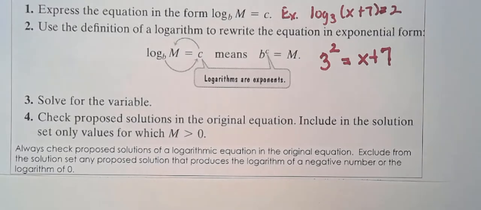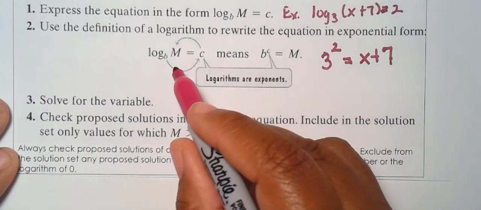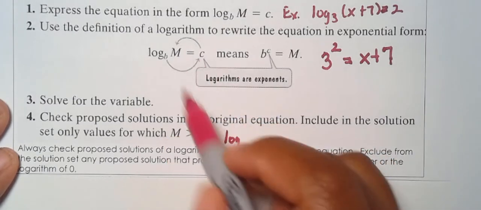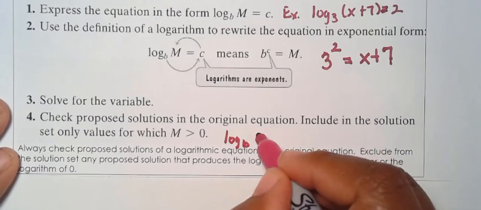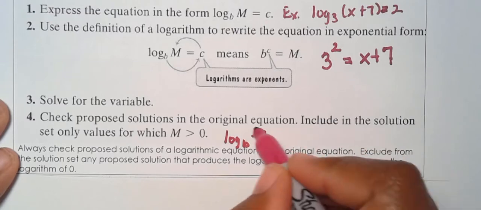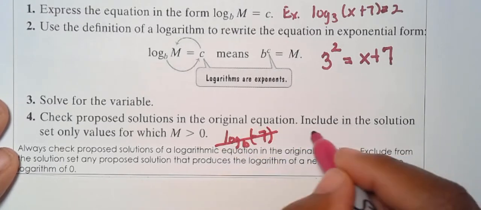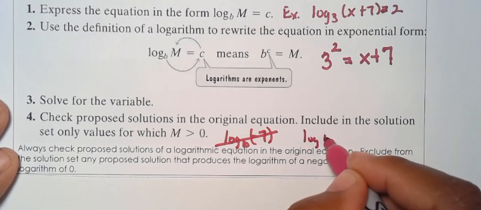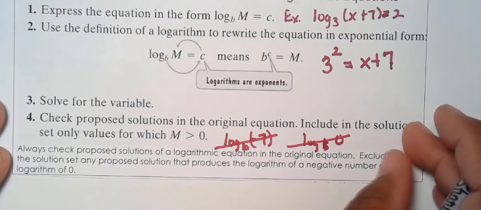So what this is saying is that your m component in this statement, log base b, let's say the m was a negative 7. We would say that we can't have a negative number here. We would say that's no solution. Or if we had log base b of 0, we would say that solution would be excluded.